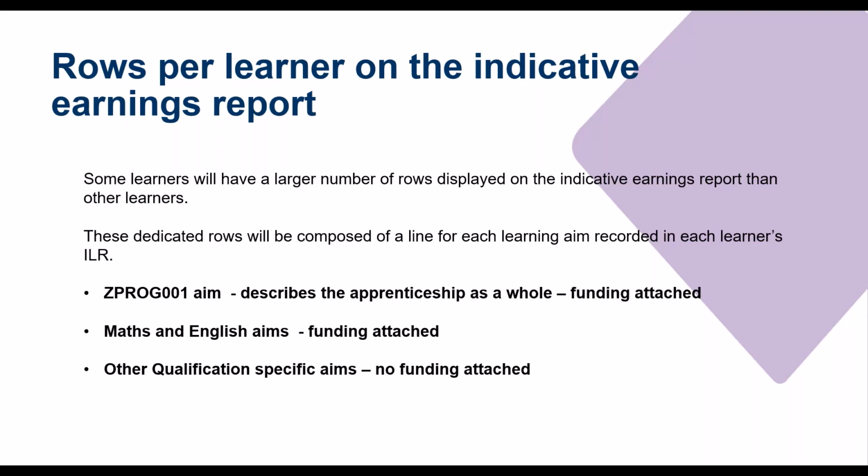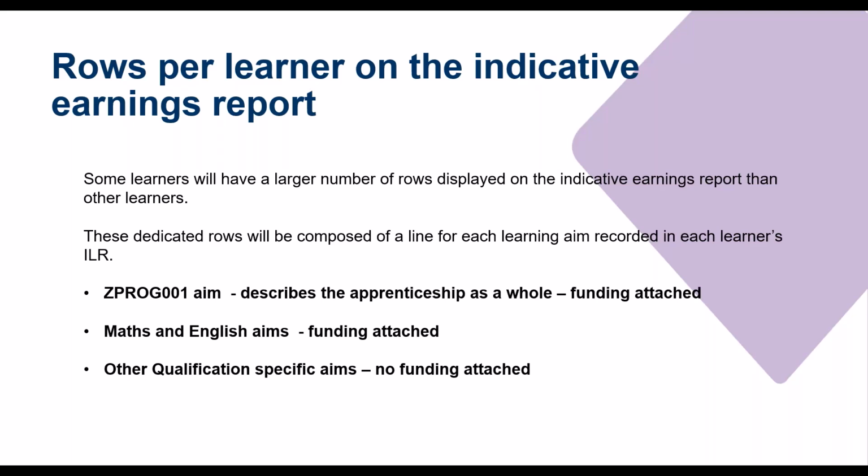These rows will be composed of a line for each learning aim recorded in each learner's ILR. So every aim you add to your ILR will show up in the report, but funding will only show against the ZPROG 001 aim and the maths and English aims.